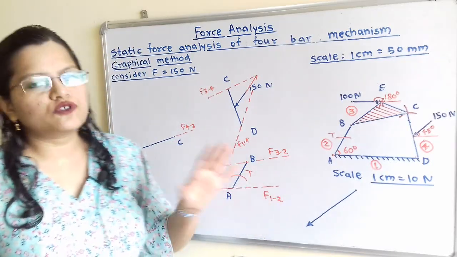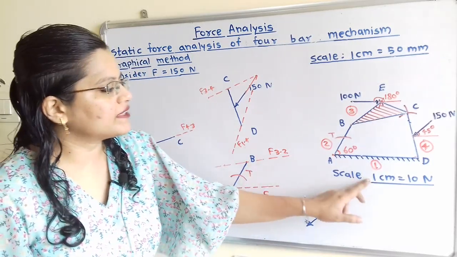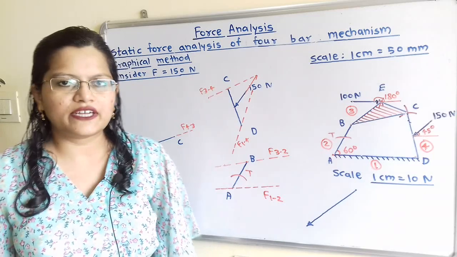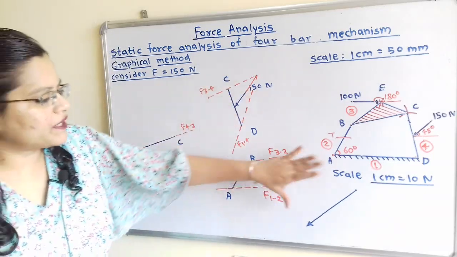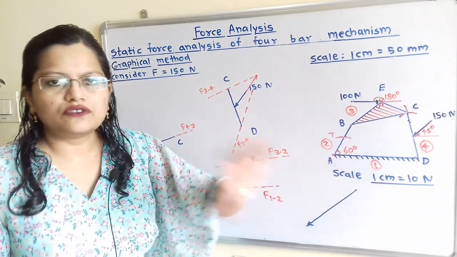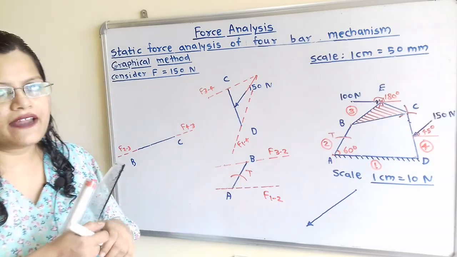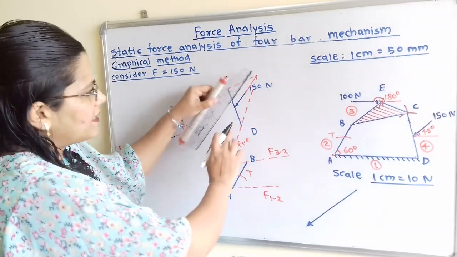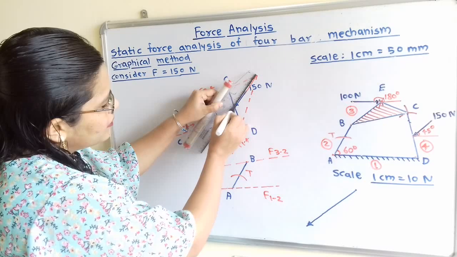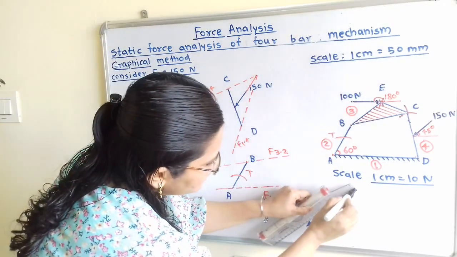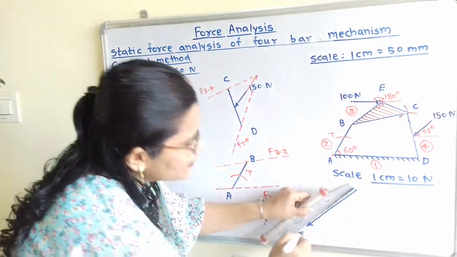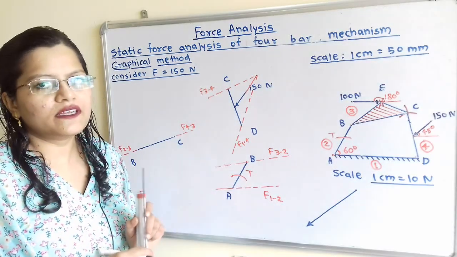So we will take some suitable scale, and that scale is 1 centimeter equal to 10 Newton. So for this 150 Newton, we will take a distance of 15 centimeter and we will transfer this force. That is, we take a line parallel to this force, and at a distance of 15 centimeter we draw this force 150 Newton.